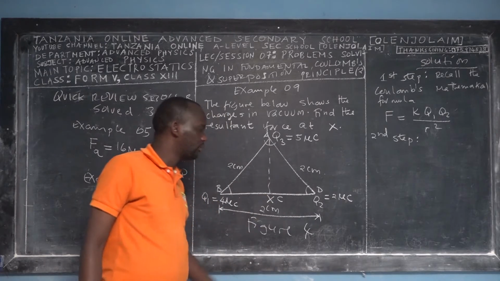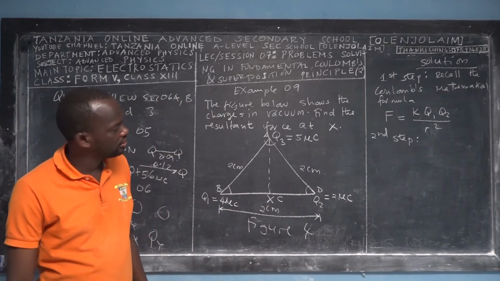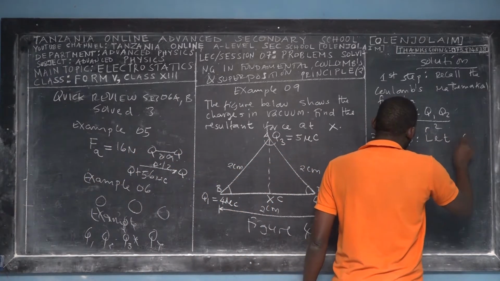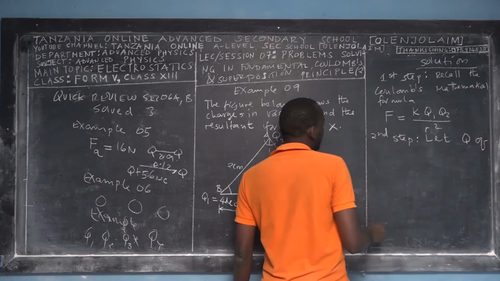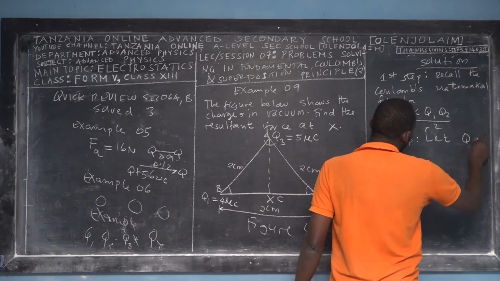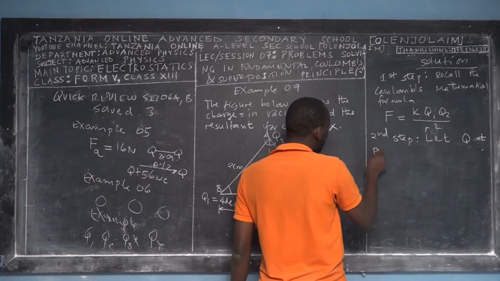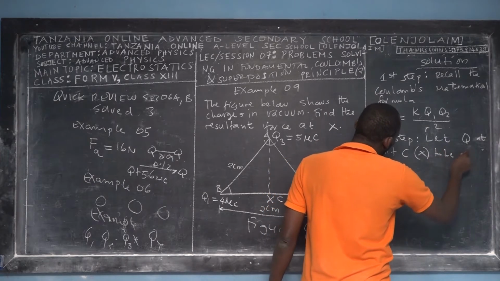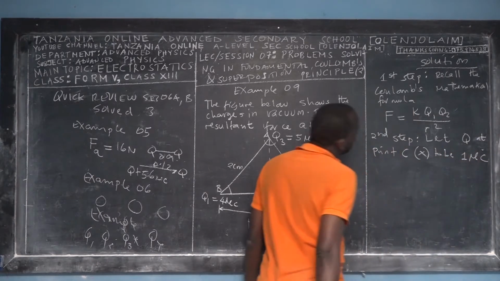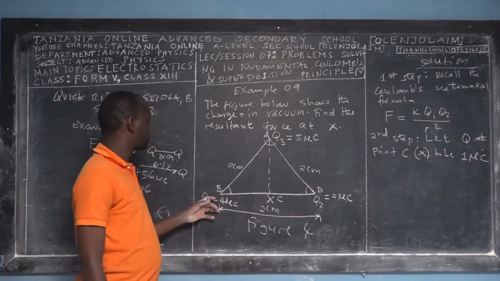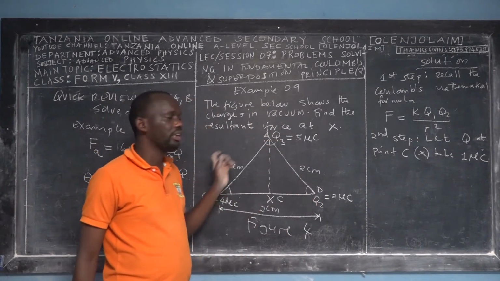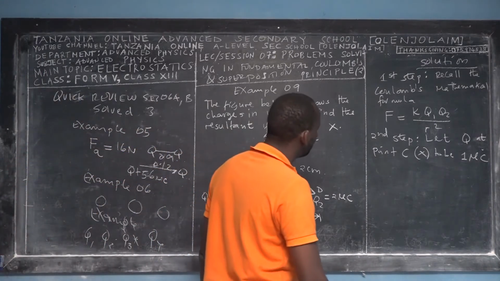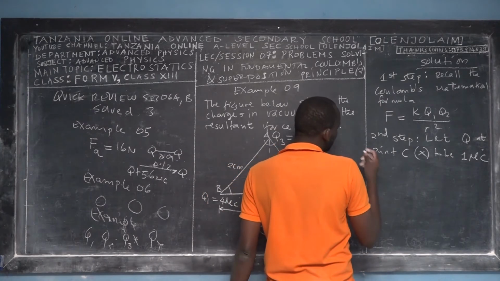First of all, we don't have any charge at point C, so let the quantity of charge at point C, or X, be 1 microcoulomb. If Q1, Q2, Q3 are in coulomb, you should also let it be 1 coulomb. That's the principle.